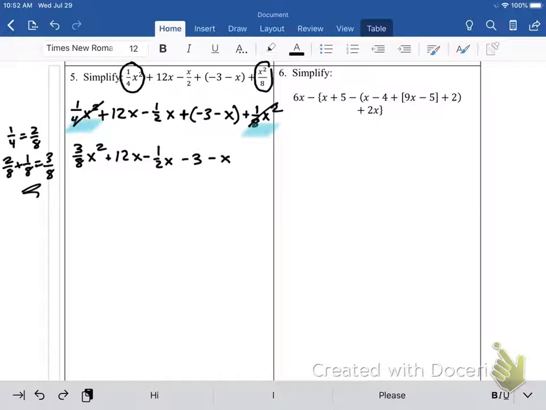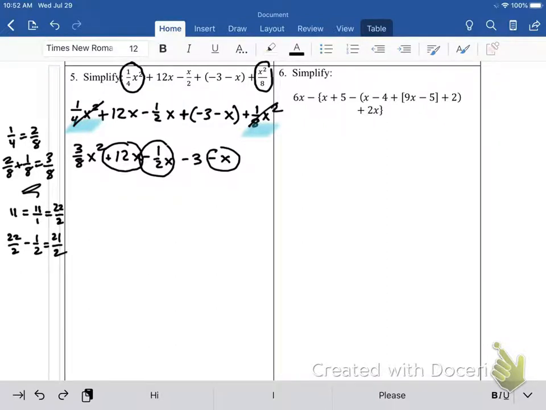So let's see what we got here. Okay, so as far as the x's, I've got a plus 12 minus 1, which is 11, and 11 take away 1/2. So when I rename 11, that's 11 over 1, and since it's 1/2, I'm going to rename that by multiplying both sides by 2, 22 over 2, and then take 22 halves, which of course has the value 11, subtract 1/2 from it, that's 21/2.